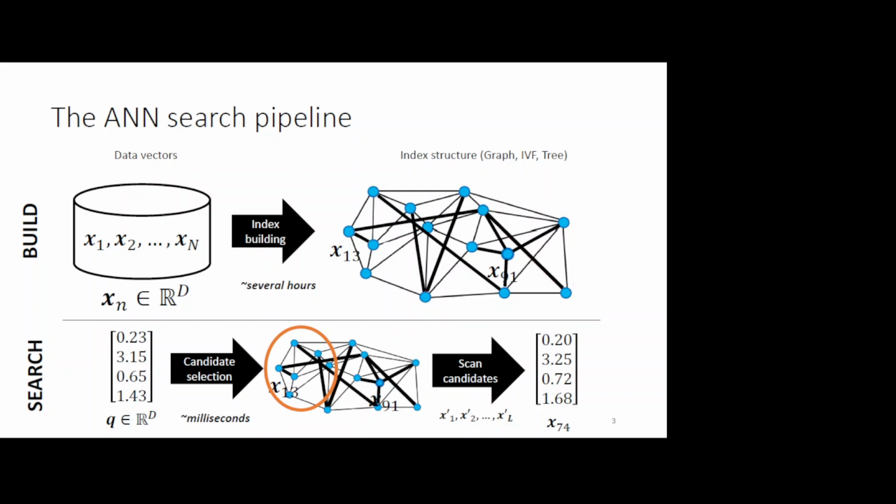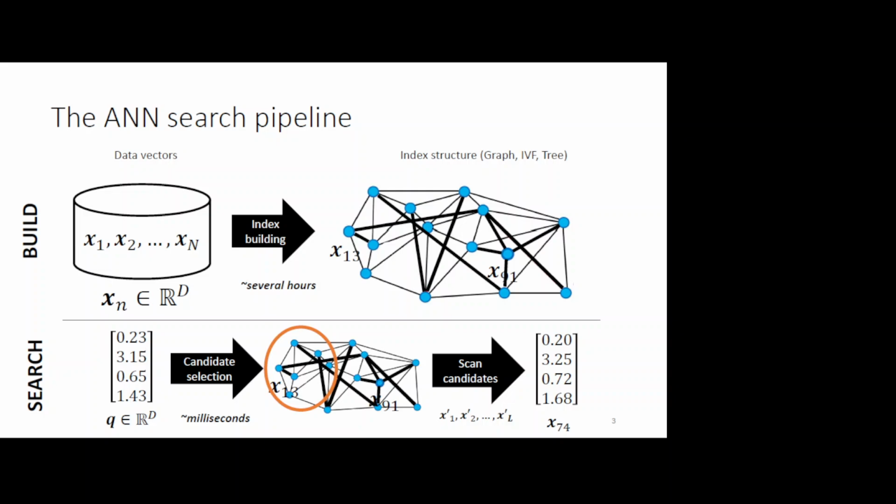Okay, so it's a recap for our nearest neighbor search. The approximate nearest neighbor search pipeline, we can divide into two parts. This one is building your database. Given a data set, we will build these index structures.